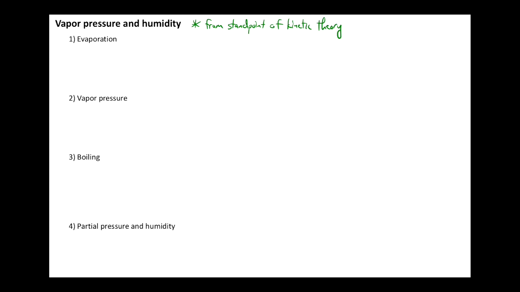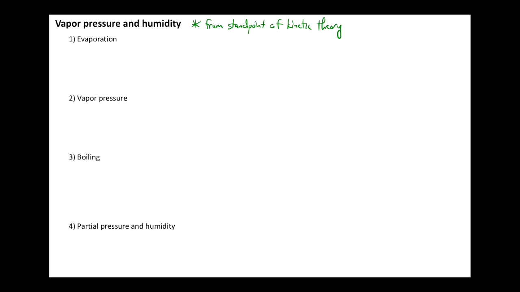So we're going to start with the idea of evaporation. I'll talk a little bit, and then I'm going to put the notes up there that go with it. Evaporation is simply when we end up with some liquid that spontaneously turns into a gas. And if we think about that from the standpoint of kinetic theory, you've got a bunch of molecules in the liquid that are, again, moving around at a variety of different velocities.